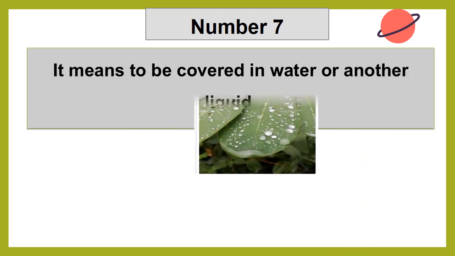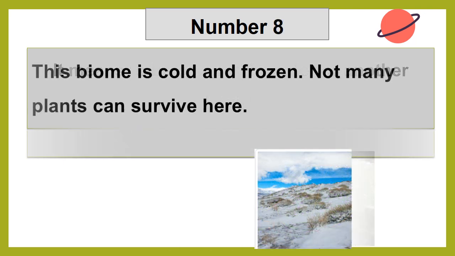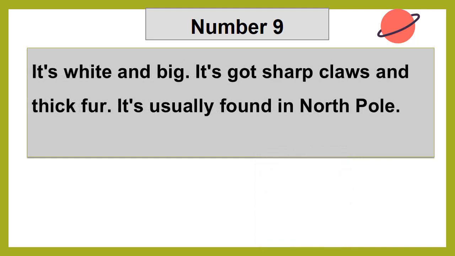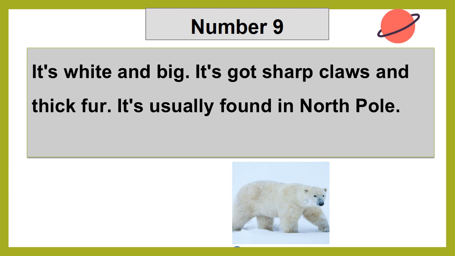7. It means to be covered in water or another liquid. 8. This biome is cold and frozen. Not many plants can survive here. 9. It is white and big. It's got sharp claws and thick fur.